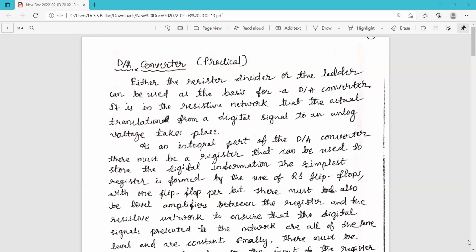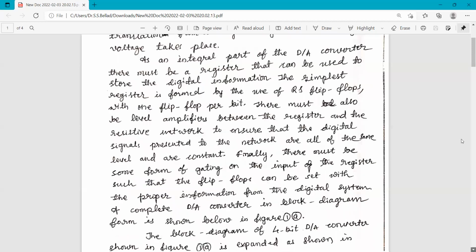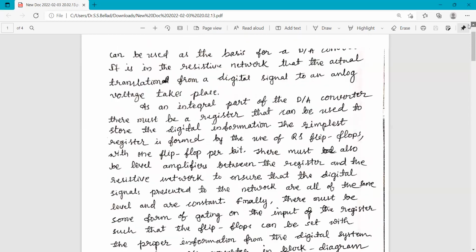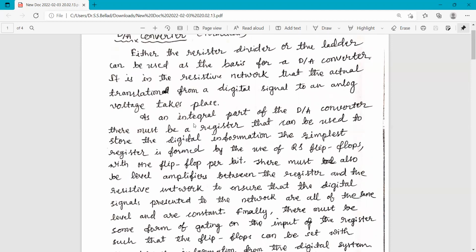But some other things also need to be done during this digital to analog conversion. As an integral part of the digital to analog converter, there must be a register that can be used to store the digital information. So just having the binary ladder network or resistive divider network is not enough to convert a digital signal into analog signal.